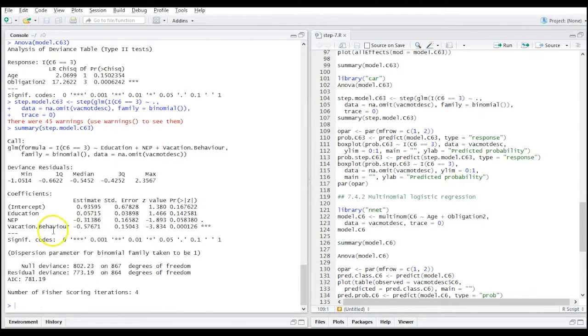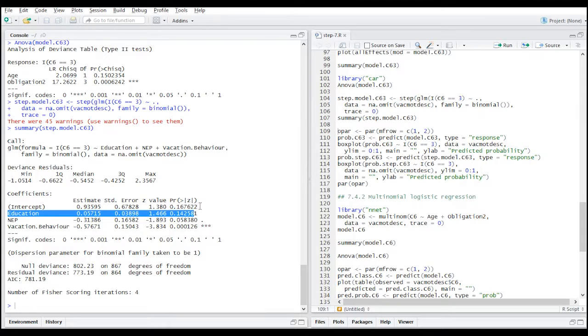And also the higher the vacation behavior score, the less likely respondents are to be in segment 3. And if we do a significance test, saying is the coefficient of education equal to 0 versus unequal to 0, this would not be rejected at a 5% level.